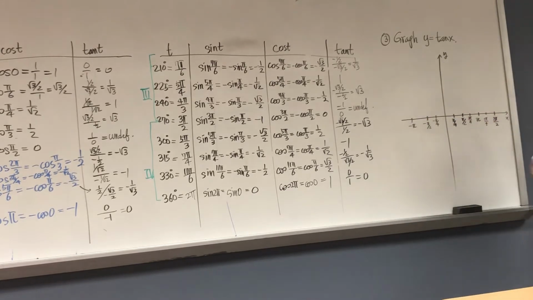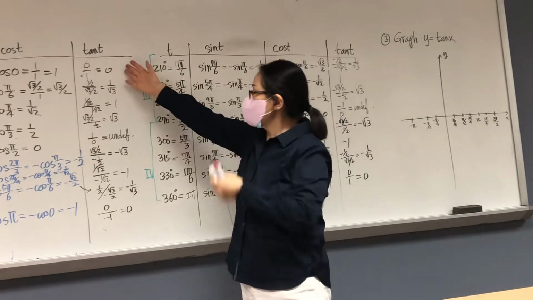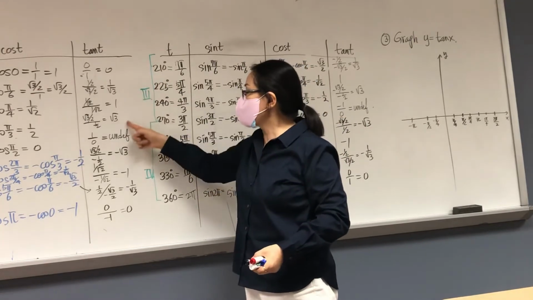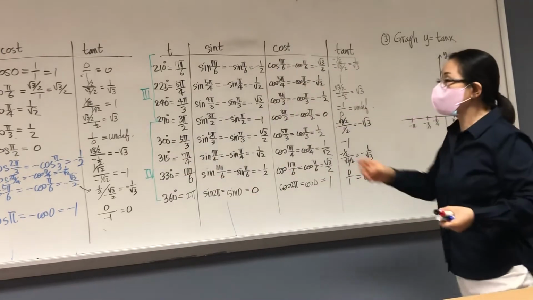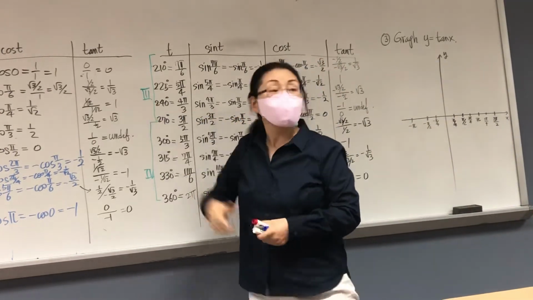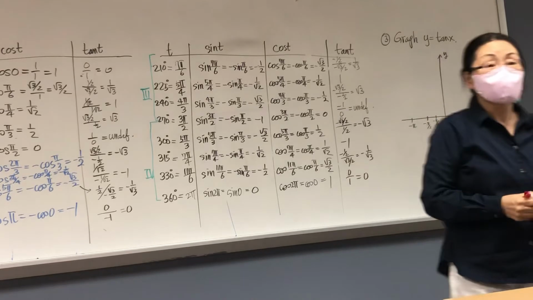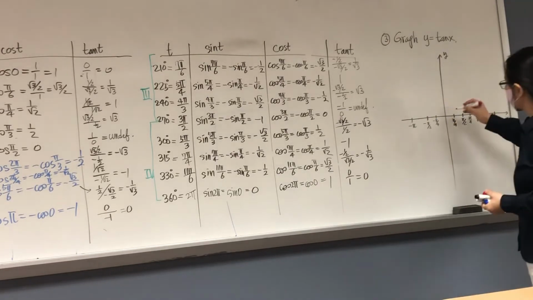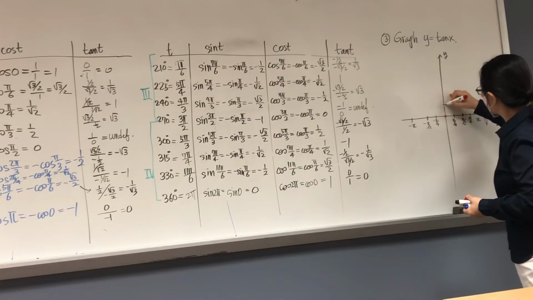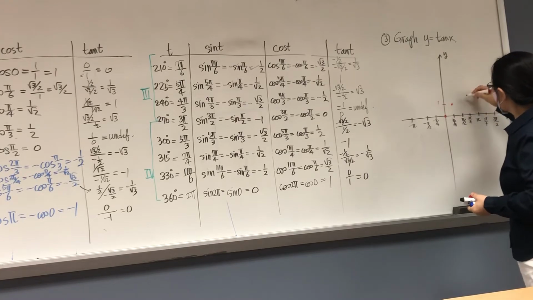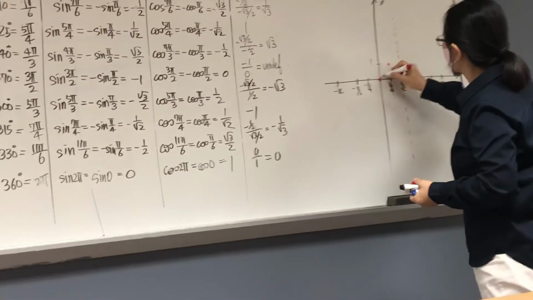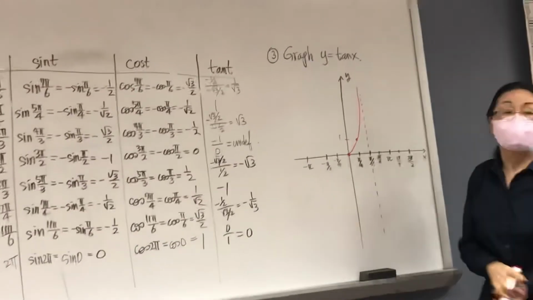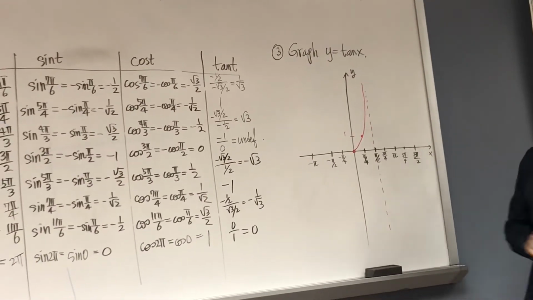Tangent from 0 is increasing to undefined. So what is your graph? Where is 1? At the 45 degree. And then no value here.